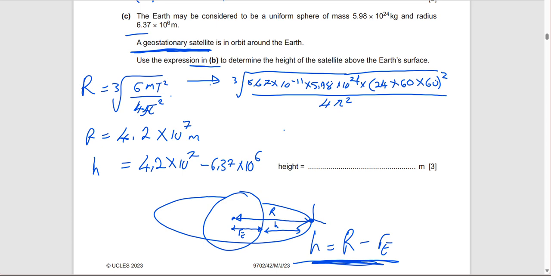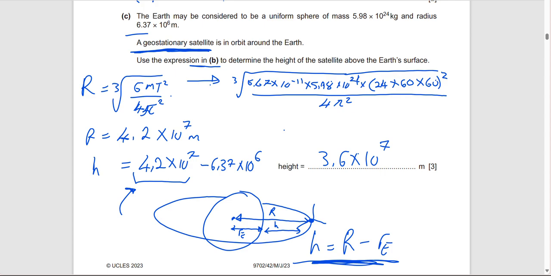Then we subtract that. Right. When we do that, we get our answer. Remember, the limiting value for significant figures is the 4.2. It is the lowest degree of accuracy, this value here. Okay, so our answer is going to be 3.6 by 10 to the 7 meters.